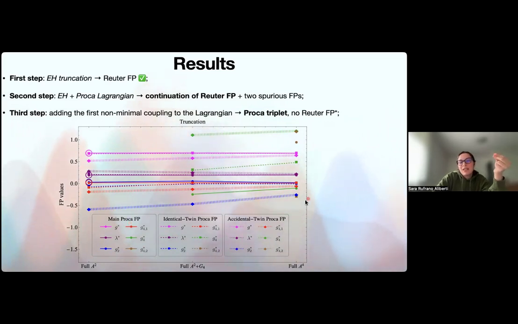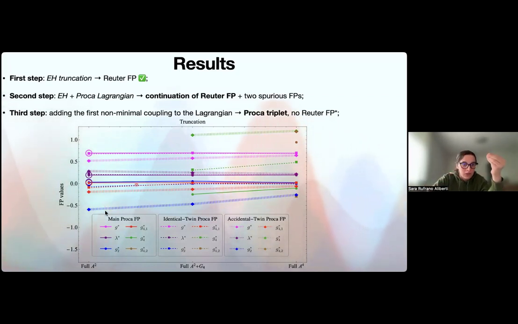Because starting from the fourth step when it's real up to the final stage, it's characterized by a non-tachyonic mass. Now, since at the beginning, when it appeared for the first time, it's given by a complex conjugate pair, the fixed point evolution of the main Proca fixed point across the truncation is characterized by a slow convergence.